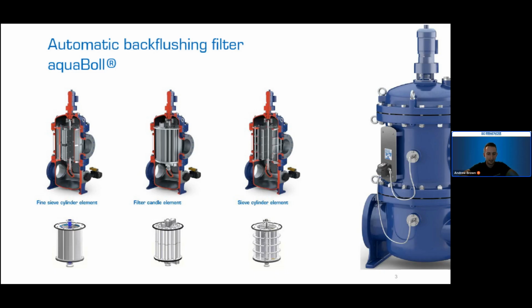And that is that design in the middle, the filter candle element. Now for water source projects, this filter type is for open loop, and we would normally offer either the filter candle element in the middle or the fine sieve cylinder element on the left.